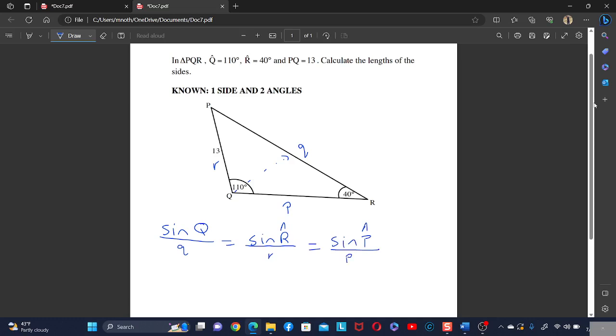Now, we are given angle Q. We are also given angle R and side R. Angle R and side R are given.